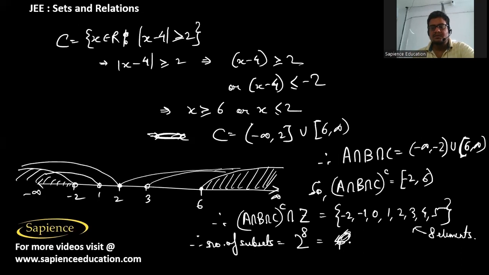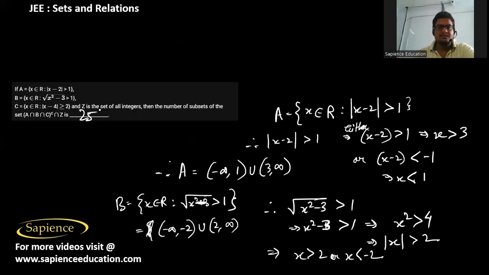You can say this is 8 into 8 into 4. So 8 times 8 is 64, 64 into 4. So 4 fours are 16, so 24, 256. So there will be 256 subsets. So the answer is 256.